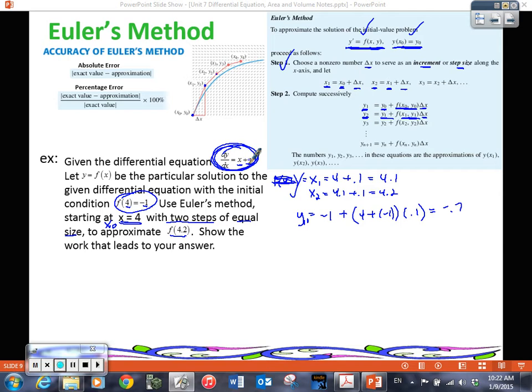What if the derivative was 2x? Then I would have ignored the y, right? And I'd have done 2 times my x value. So please, the reason this is x plus y is because that's what my differential equation says. It's not a pattern or something that you're supposed to follow all the time. It's just that this is my differential equation.